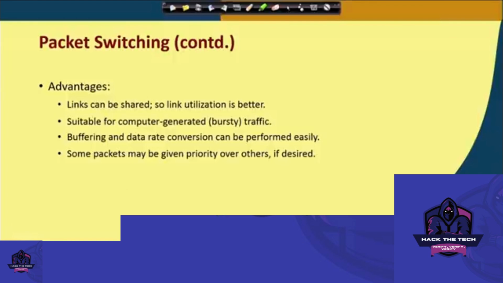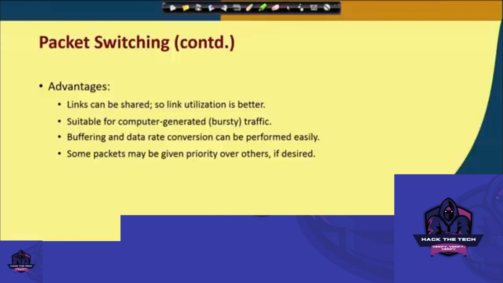And because of the buffer you are using, buffering and data rate conversion can be performed easily. The idea is as follows: suppose the incoming link is faster, and the outgoing link is slower. I can collect my packets at a faster rate, store them in a buffer, and then slowly send them to the outgoing link, which has a slower data rate.